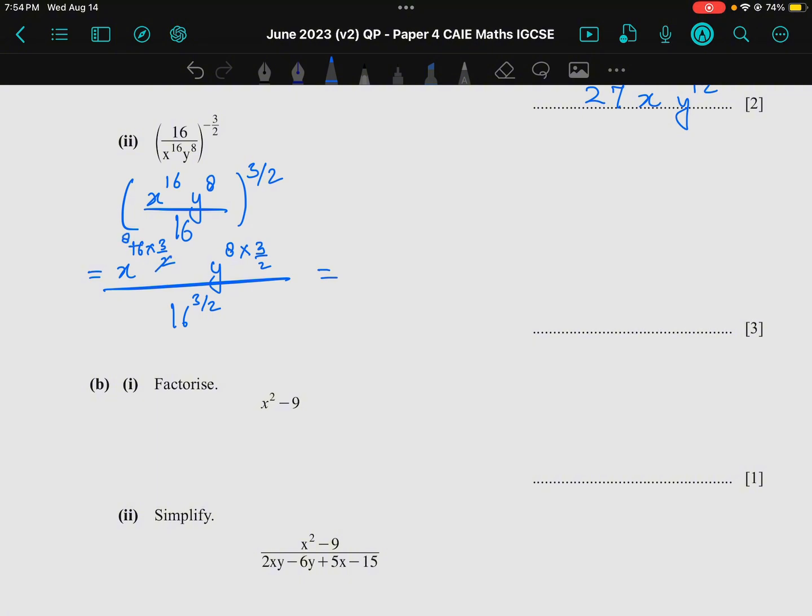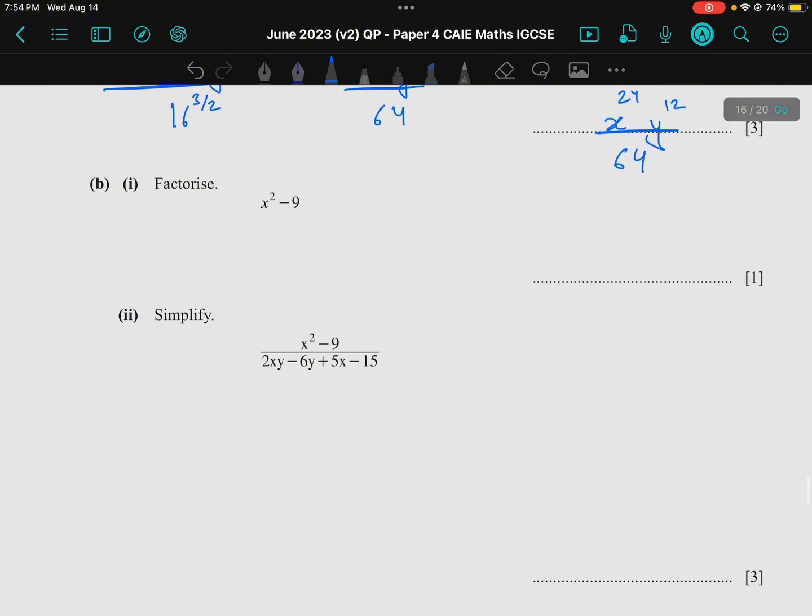So 2 1s are 2, 2 8s are 16, 2 1s are 2, 2 4s are 8. So you will get x to the power of 8 times 3 is 24, y to the power 4 times 3 is 12, and 16 to the power 3 upon 2, when you put it in your scientific calculator, is 64. So your answer is x to the power of 24, y to the power of 12 upon 64.